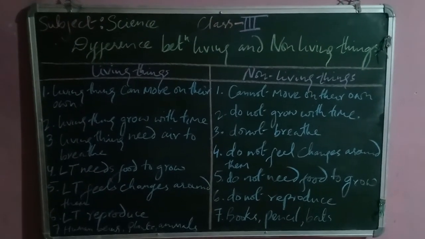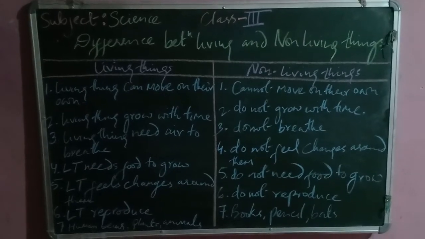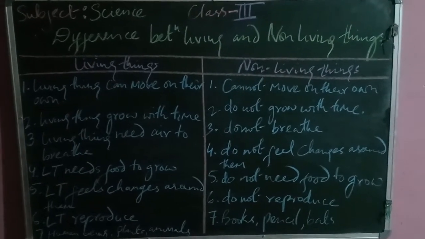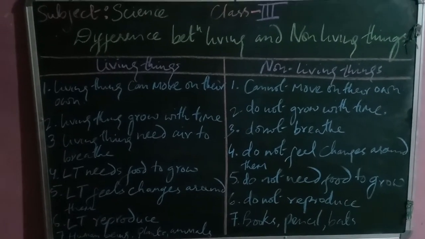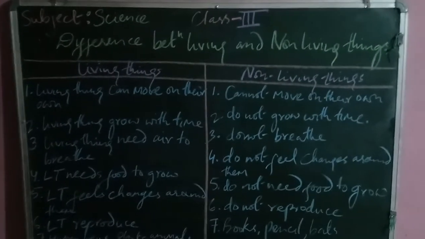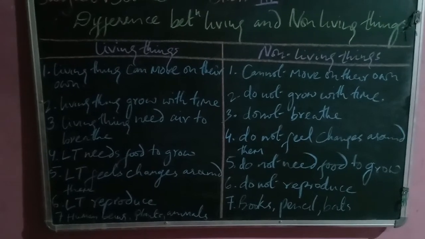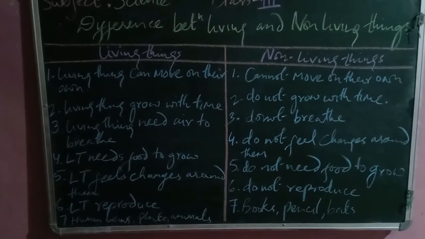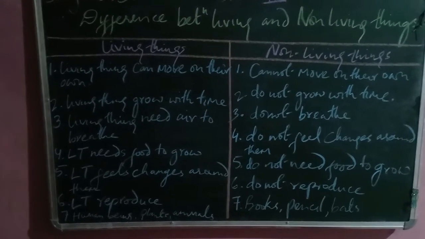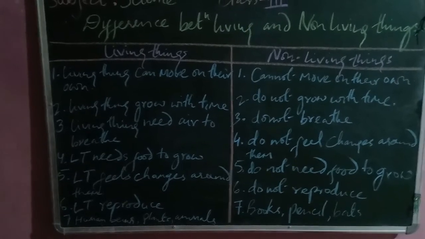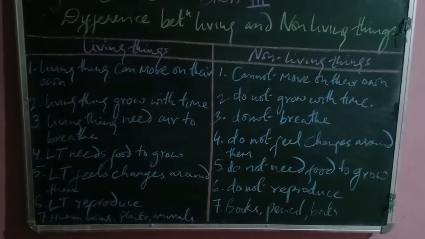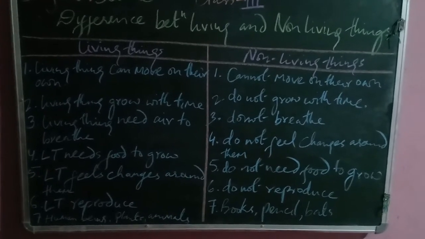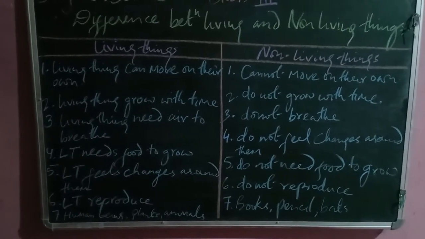The next question we have is, differentiate between living and non-living things. The differences are summarized in the table below. As you can see, living things can move on their own and non-living things cannot. Living things grow with time, but non-living things do not.